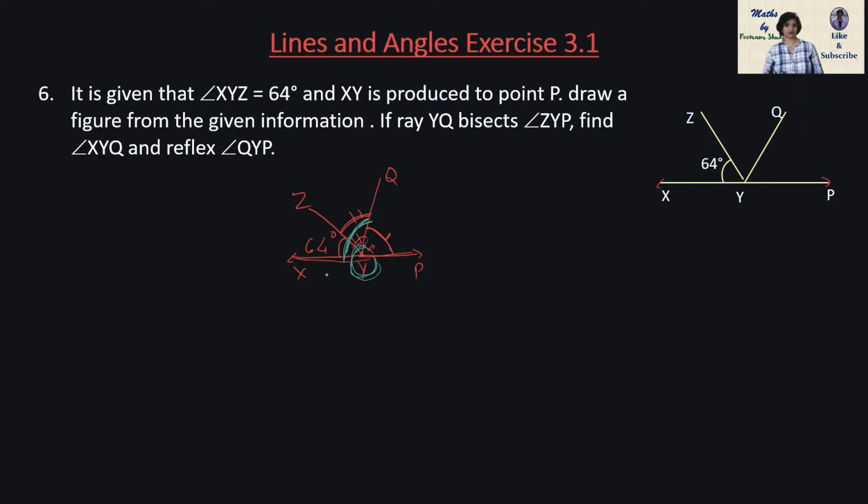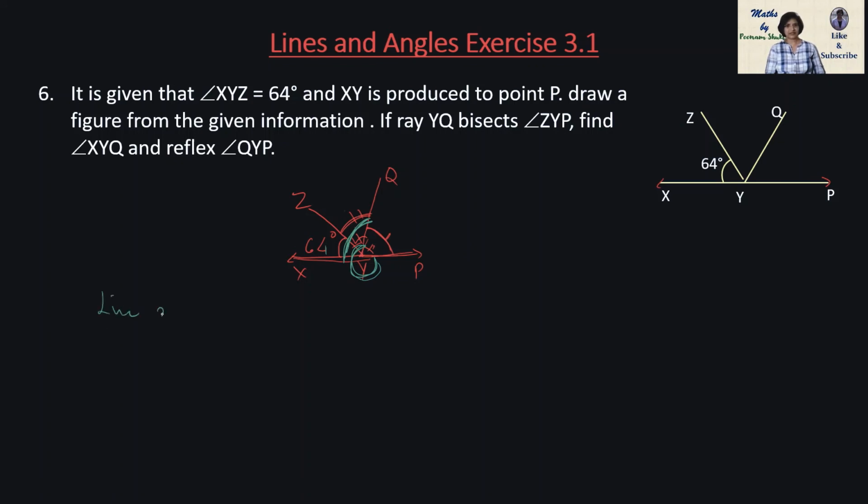And what do we know? We know angle XYZ, only one angle right now. And another thing we know: if we are finding this angle, these two angles will be equal, so we can divide into two parts. This is very simple.